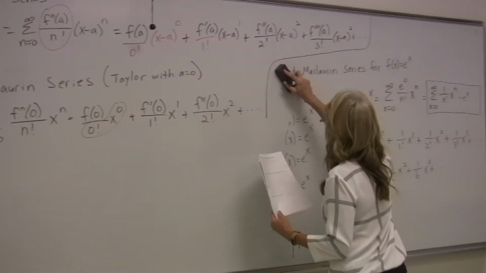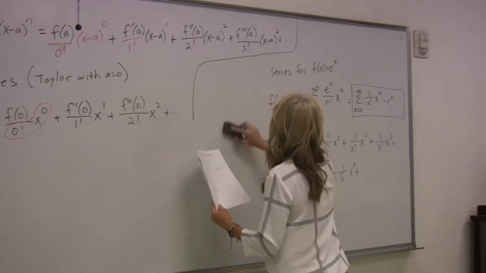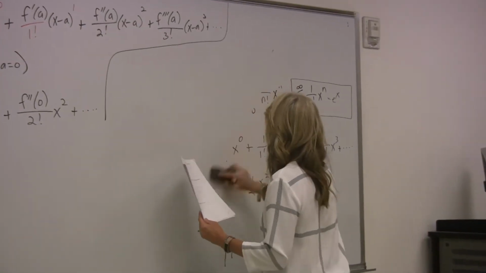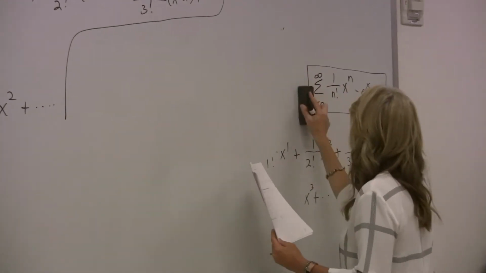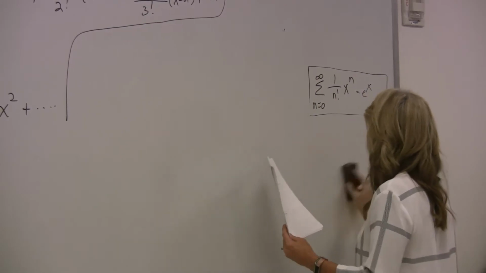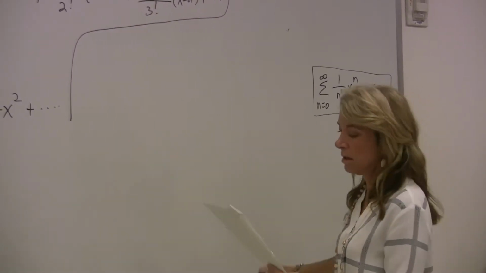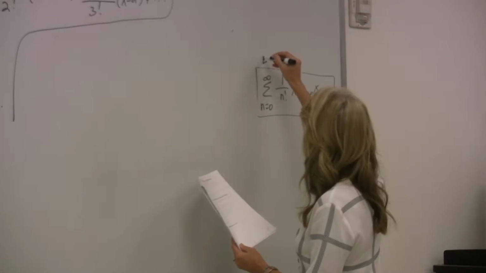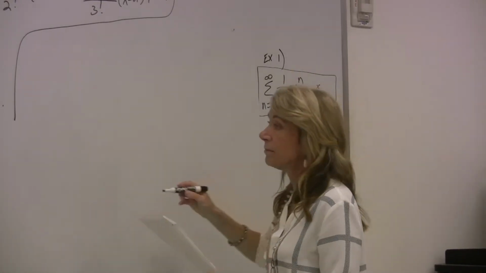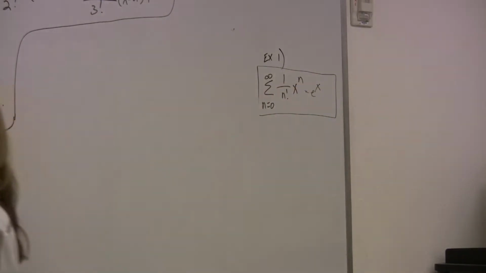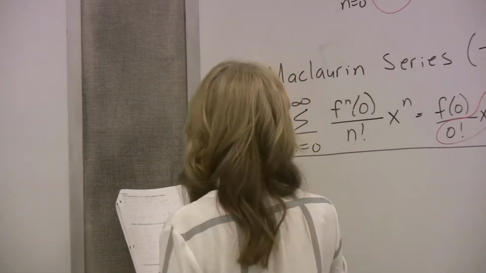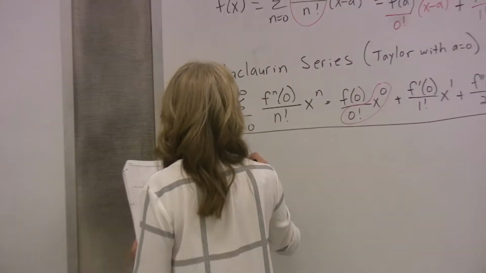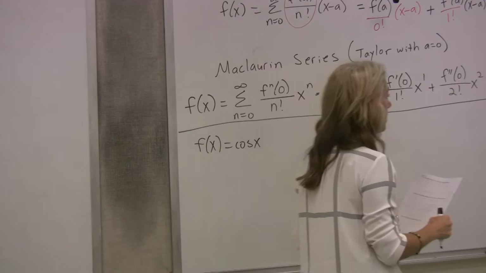It's actually a little bit easier than the sine, but it's very similar, so I don't want to erase that. Erase this one. We'll come back and do this radius of convergence later. This was the first one. Everyone good with what you're doing? The cosine?